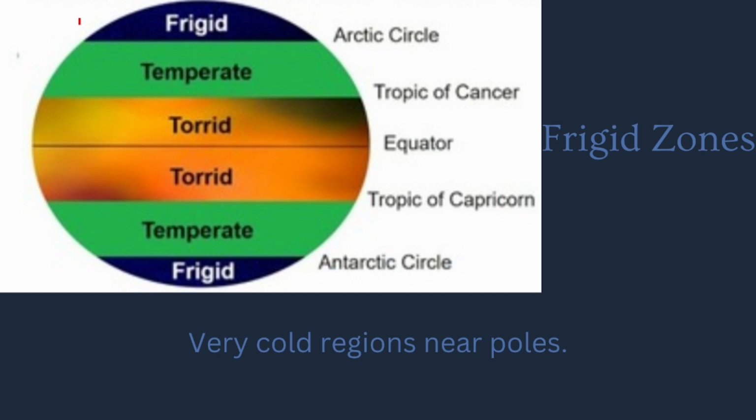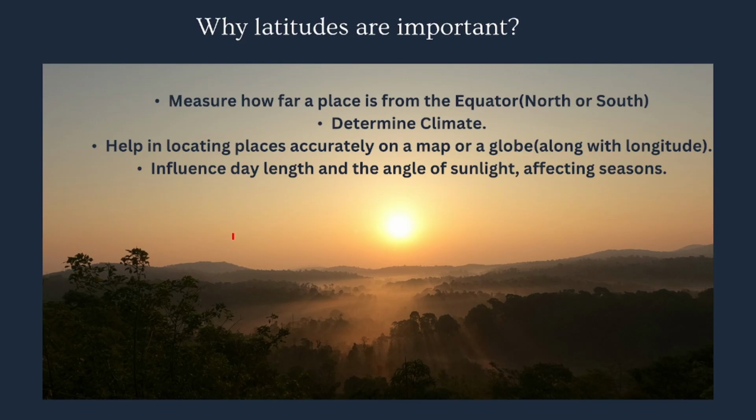Since they receive only very little sunlight, the area would be freezing cold throughout the year. That's the reason why we call it a cold region. So these are the three different zones: your torrid zone, your temperate zone, and lastly our frigid zone. So let's move ahead.